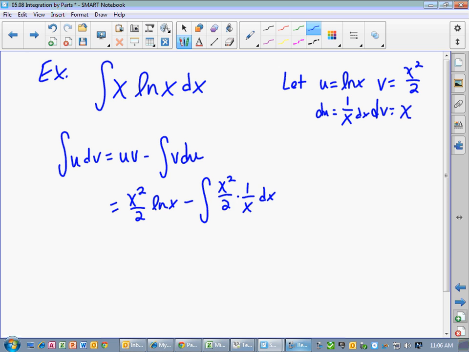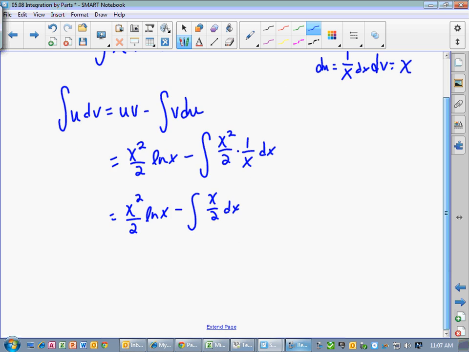Right? So x squared over 2 ln of x minus the integral. Now x squared over 2 times 1 over x, well that simplifies. Right? The x's will divide out and we're left with just x over 2. Can we integrate x over 2? Sure. Right? It's a fairly straightforward polynomial. So x squared over 2 ln of x minus, what's the integral of x over 2? Add 1 to the exponent, we get x squared. Divide by that exponent, we get 4.